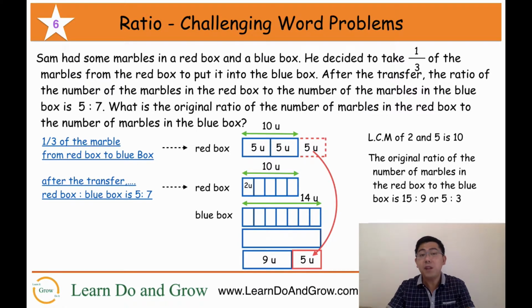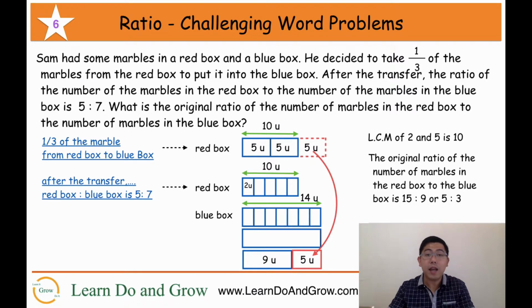It is very difficult to visualize the ratio topic on itself. So once your children understand this type of model, and he or she understands why do I need to do the LCM, the reason behind it, then it is very easy when they move on to the ratio topic.